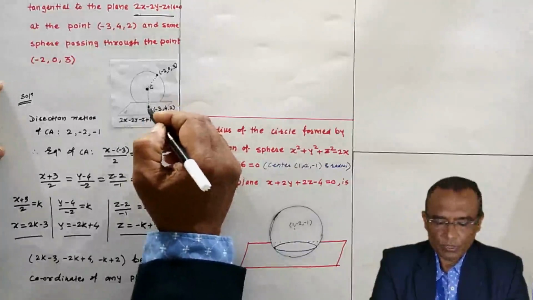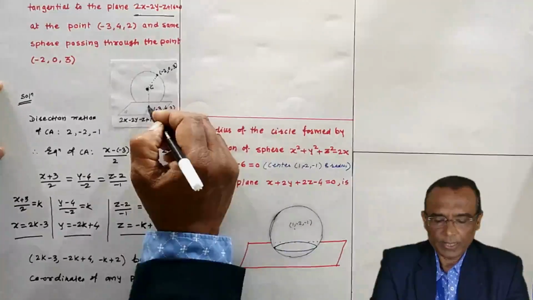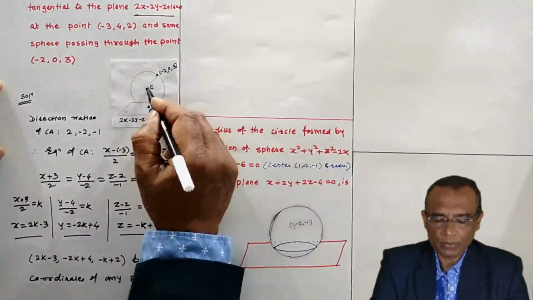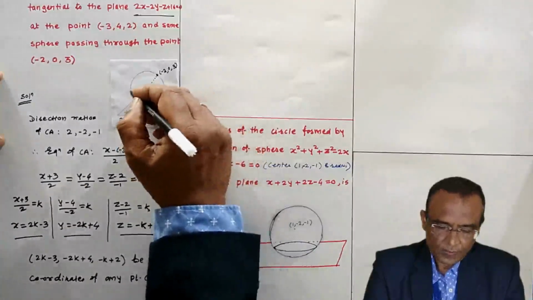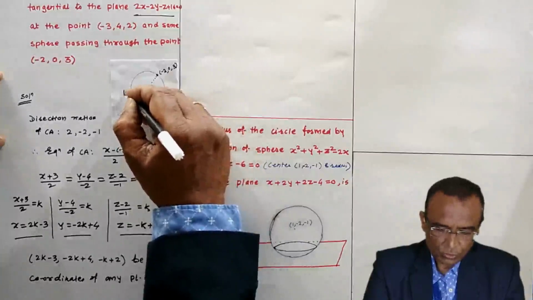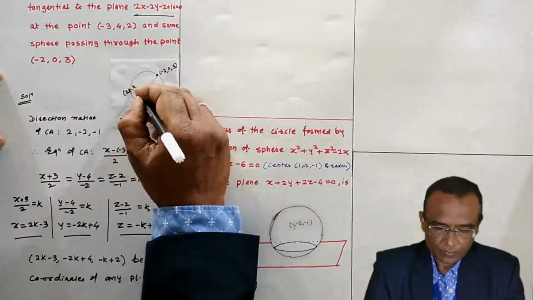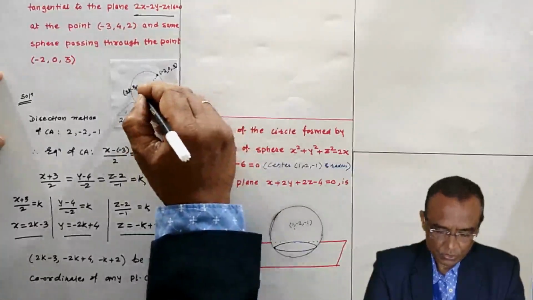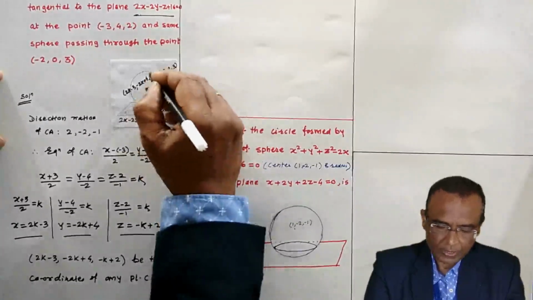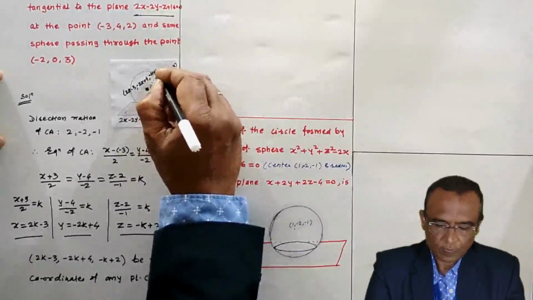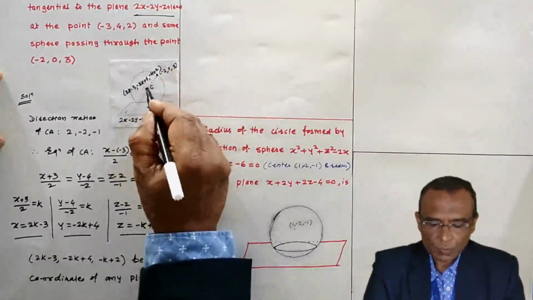In the last problem, we found the coordinates of A. Now here we are going to find the coordinates of C. What are the coordinates of C? Coordinates of C, here I am writing (2k - 3, -2k + 4, -k + 2). These are the coordinates of this point.